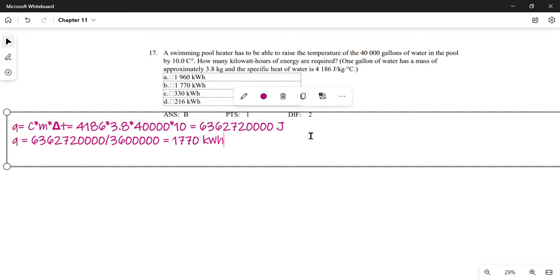If you want to know where this conversion factor came from, I will leave a link in the description box. I recommend you see it to understand where this conversion factor came from.